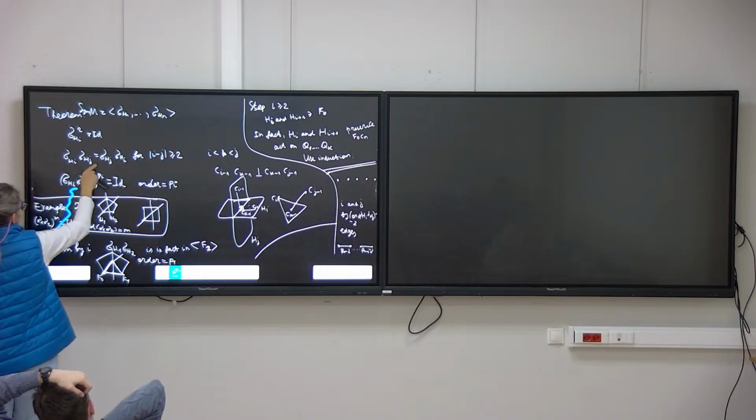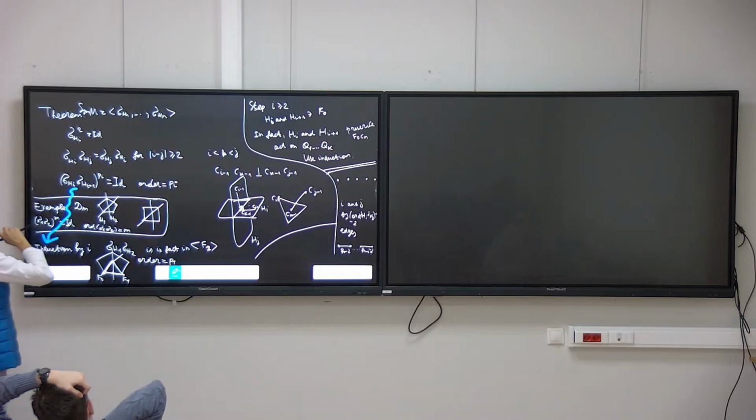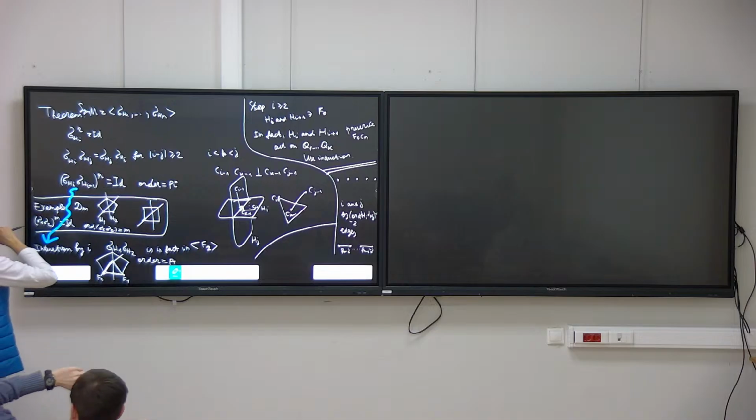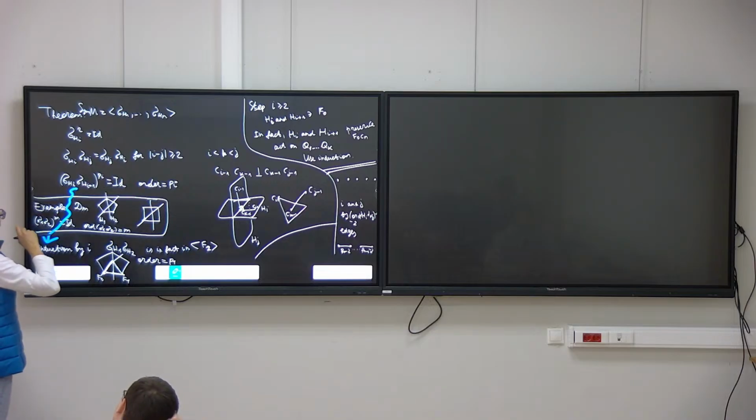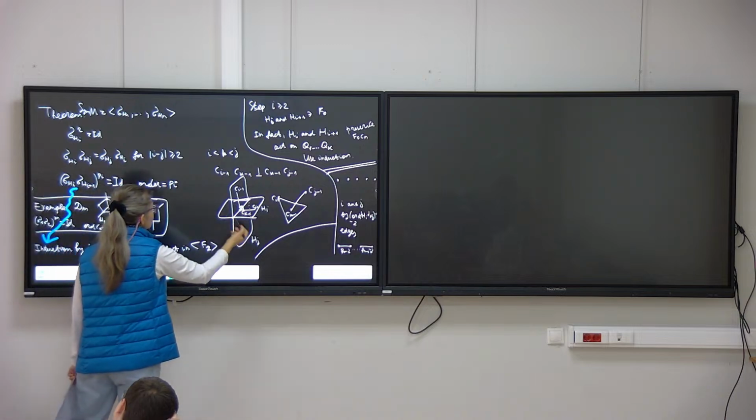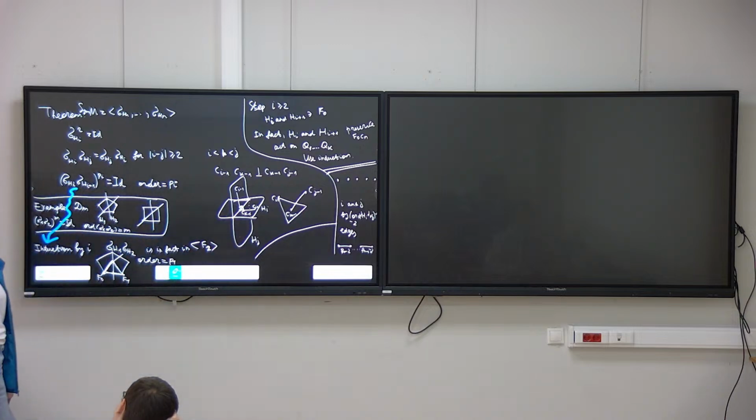Why is it not an identity map? Because we know that in some dimension it is a rotation, and we know what the angle of the rotation is.